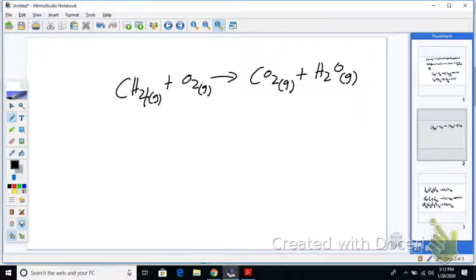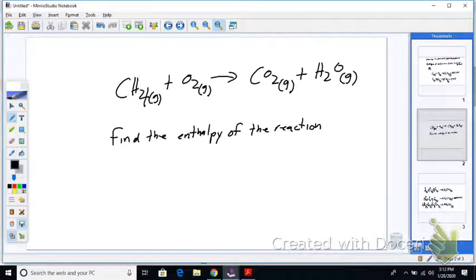So what we're going to do is figure out the energy of this overall reaction. So find the enthalpy of the reaction from the heats of formation. How much heat does this reaction give off, basically?